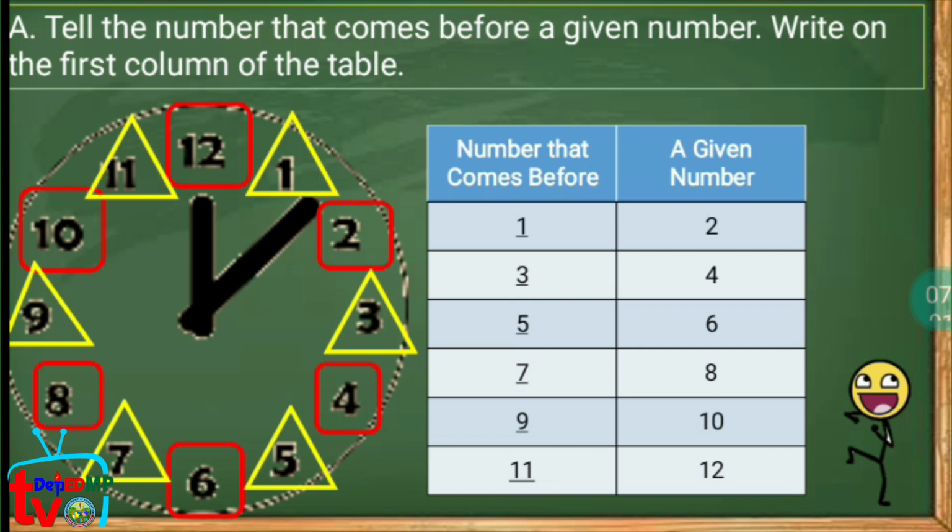Here are the correct answers. 1 comes before 2, 3 comes before 4, 5 comes before 6, 7 comes before 8, 9 comes before 10, 11 comes before 12.